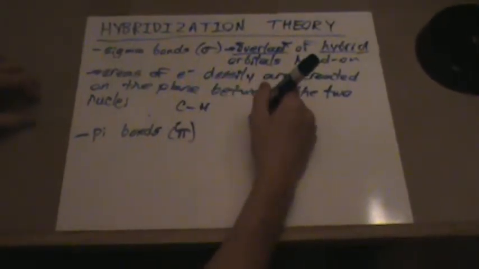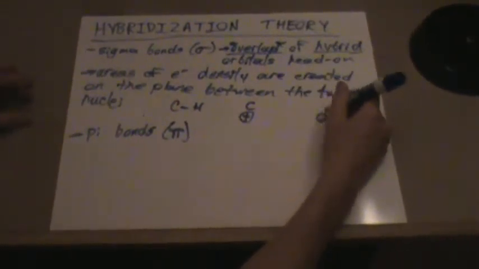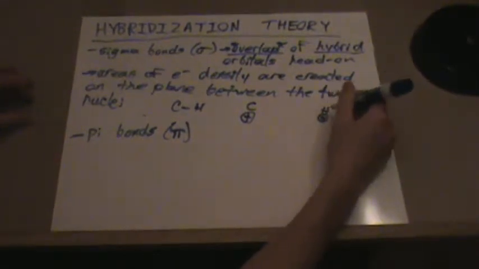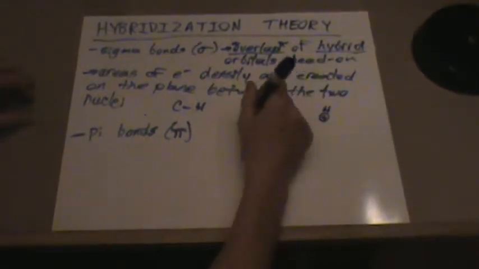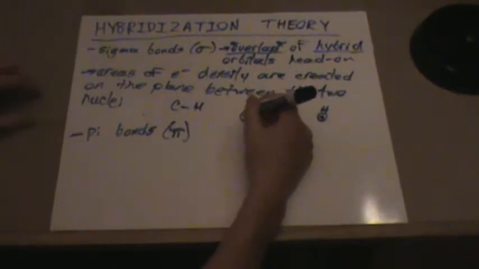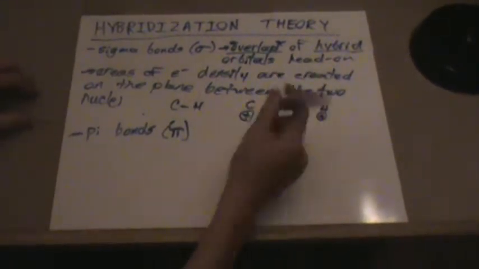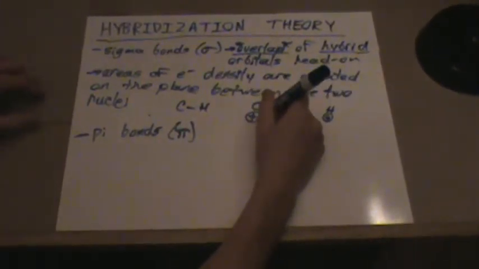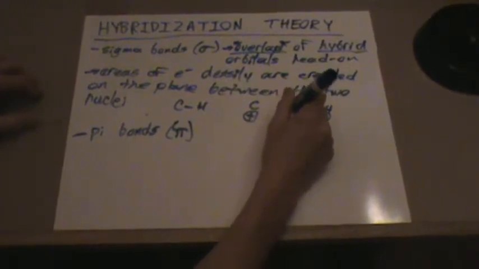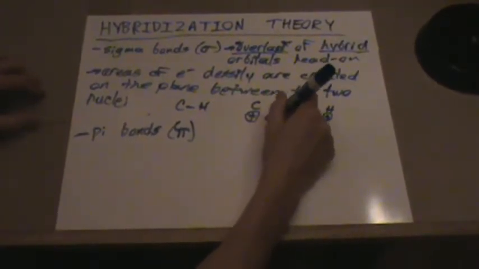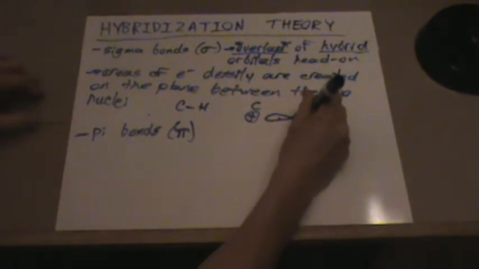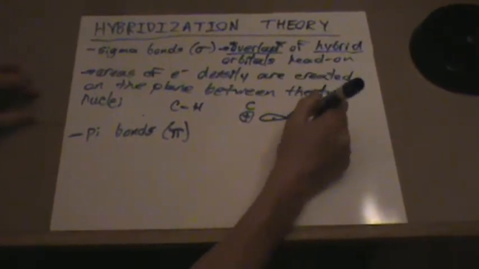So if we draw out, let's say this is the nucleus of the carbon, and this is the nucleus of the hydrogen. Obviously there are more protons than that in carbon, but let's just pretend for now this is what it looks like. And we've got our molecular orbital, this, and then our big ball, because as we know it's an s combined with a p.